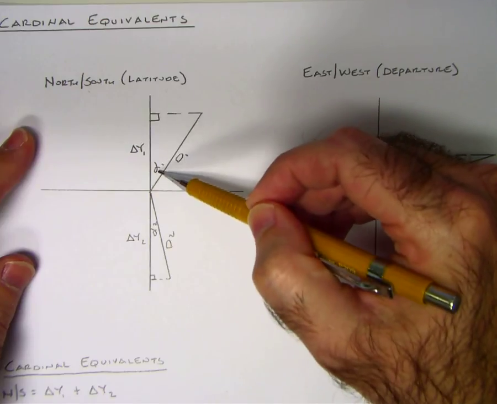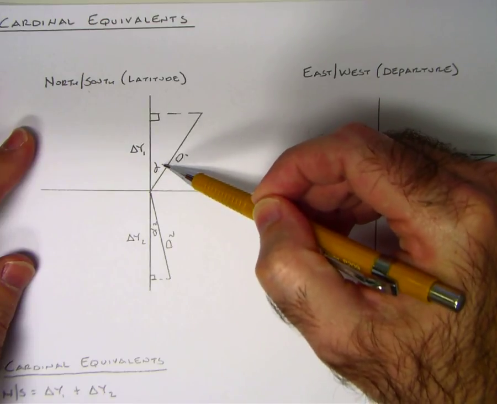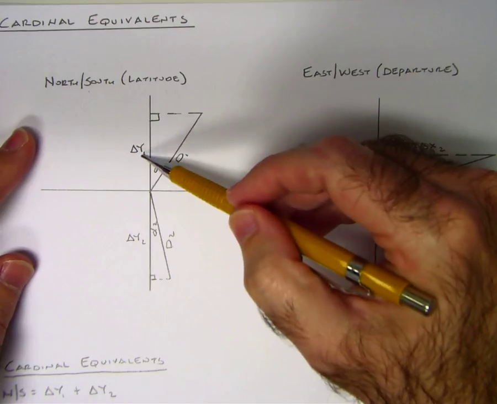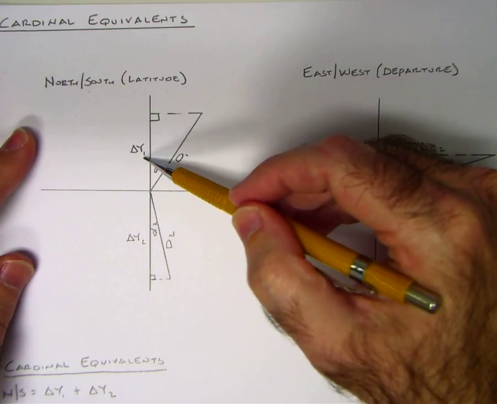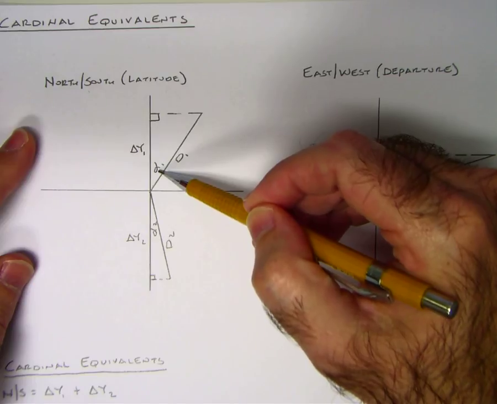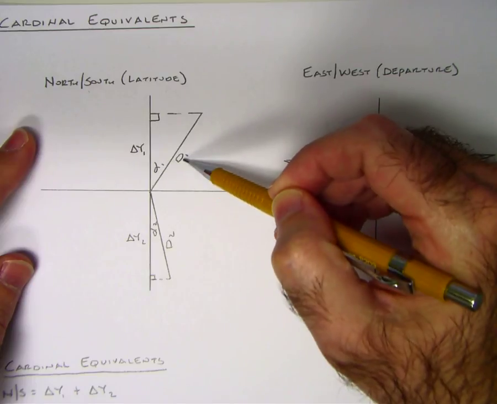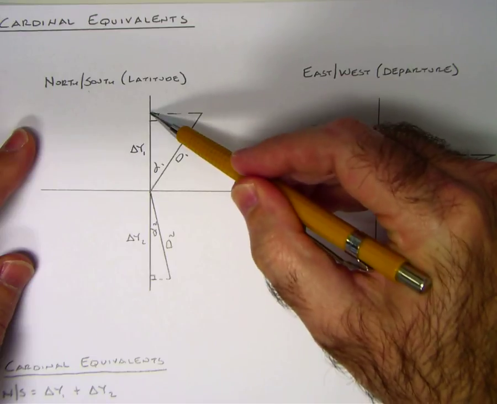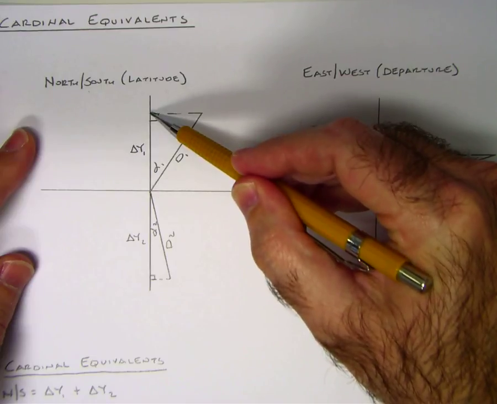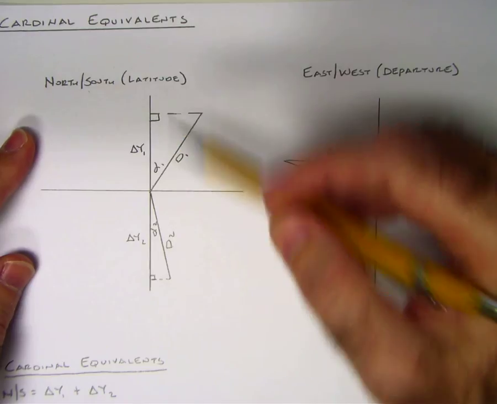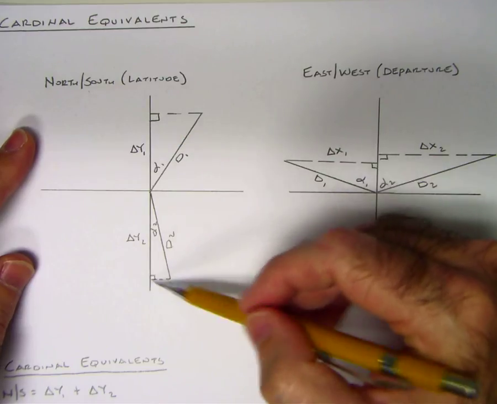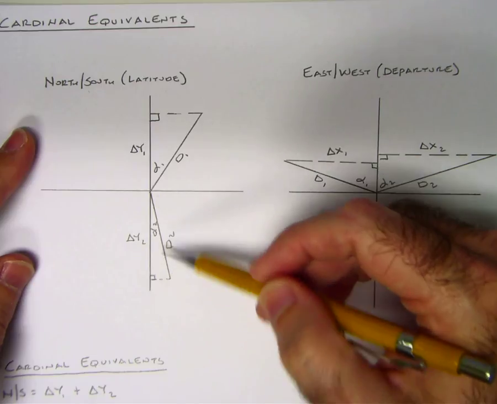So if you let alpha sub 1 equal the bearing angle, d sub 1 equal the distance, then change of y sub 1 is equal to the cosine of alpha sub 1 times d sub 1, and that will give you the distance from the origin to this point right here, which I've denoted as change of y sub 1.